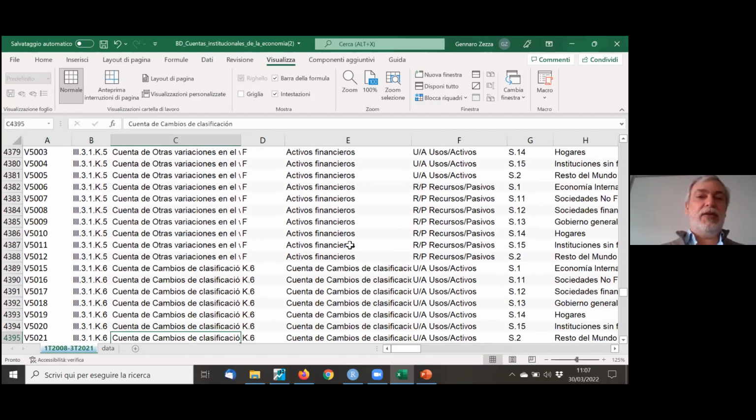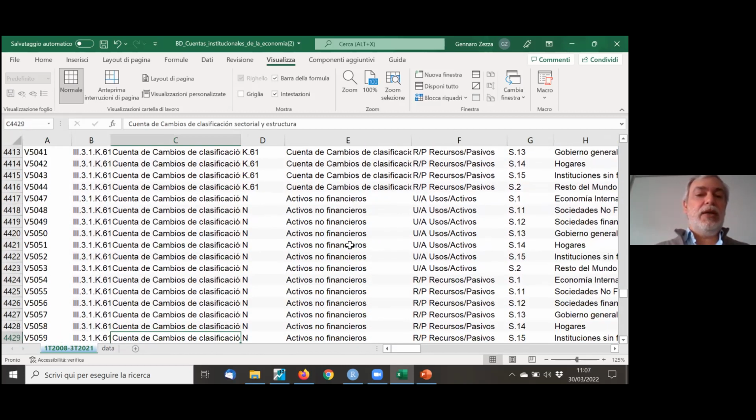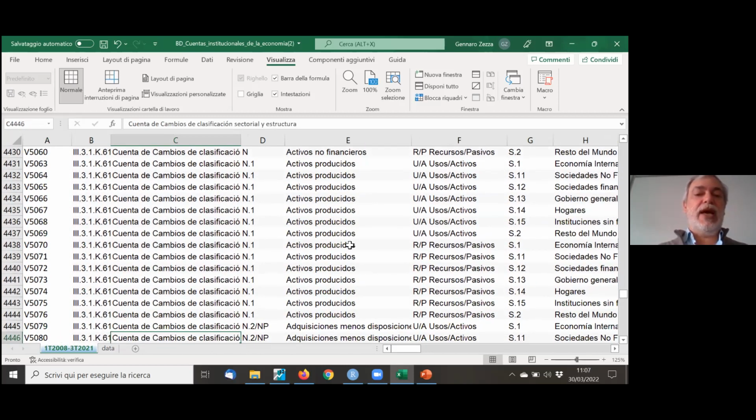And this again, cambios de clasificación, I think, is what happens when the flows tell them that, let's say, the household should have that many bonds, but then it happens that these bonds are not in the hands of the households, but in the hands of another sector, say the foreign sector.